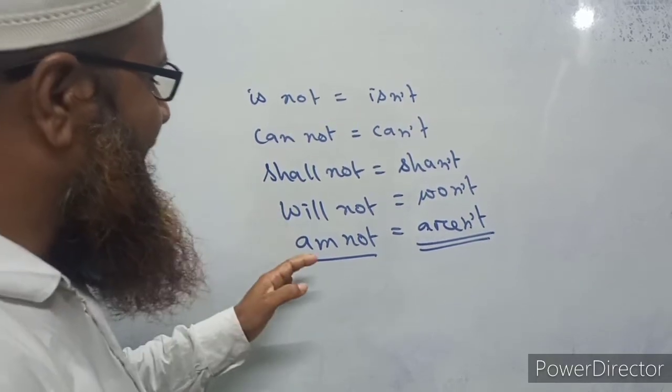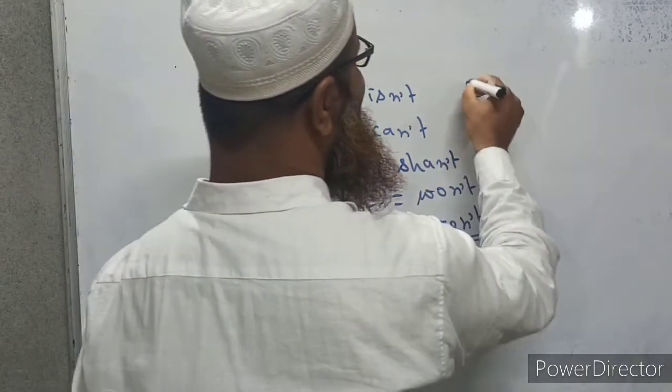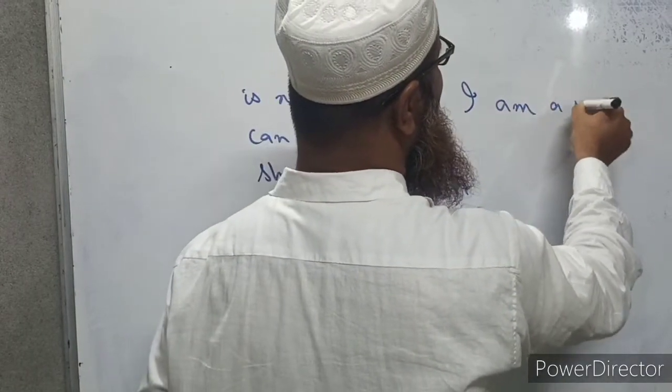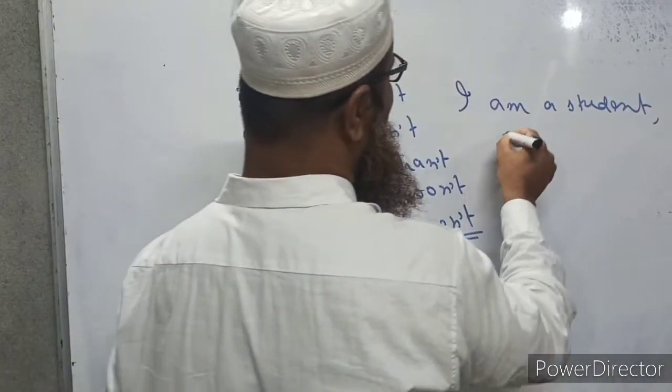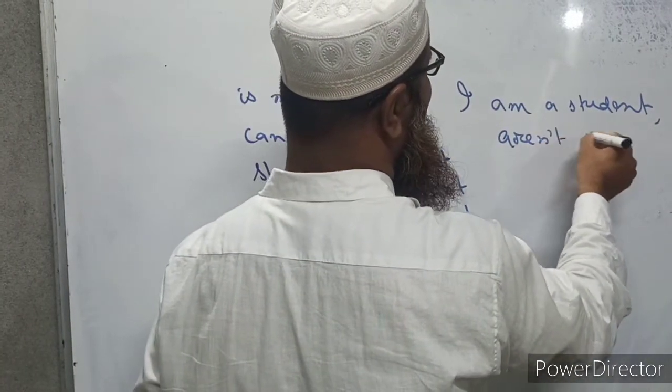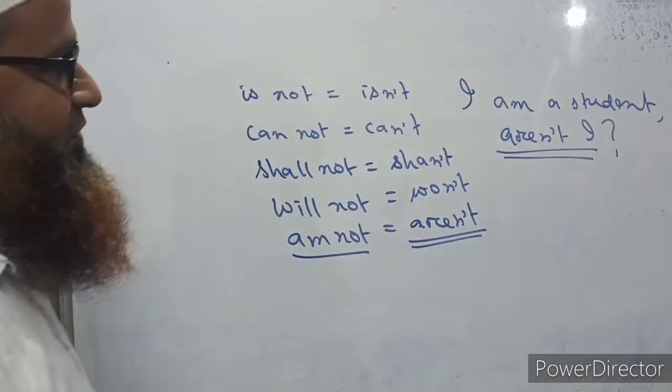So when a student wants to add a question tag with this sentence, I am a student, then he has to write aren't I. Aren't I. This is the only exception in case of tag question.